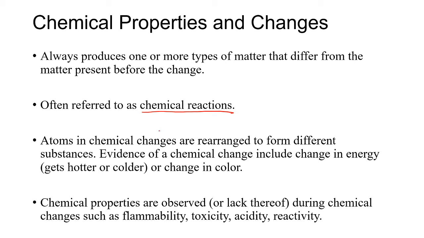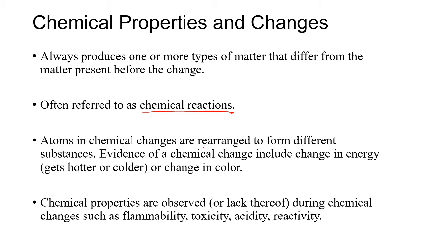But again, that's usually in nuclear chemistry, and we're not really going to delve into that in this course too deeply. So when we have a chemical change, that is when we can say, here are the chemical properties. We can observe chemical properties without a chemical reaction happening.